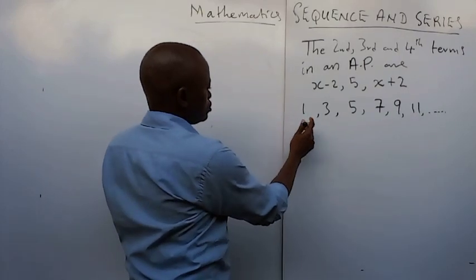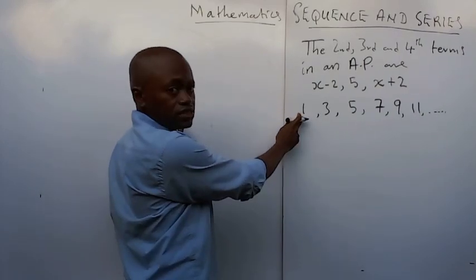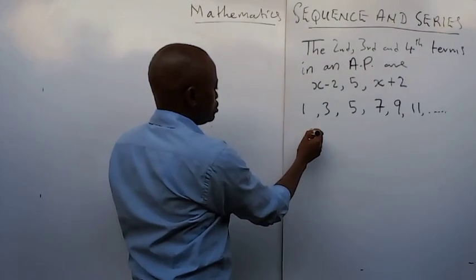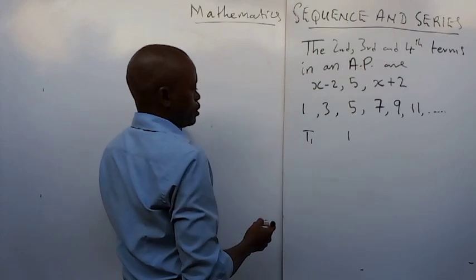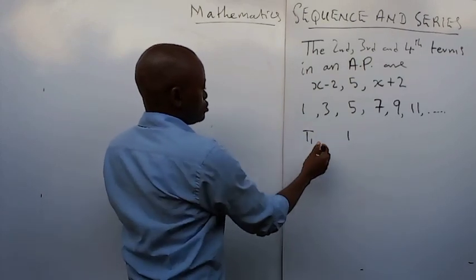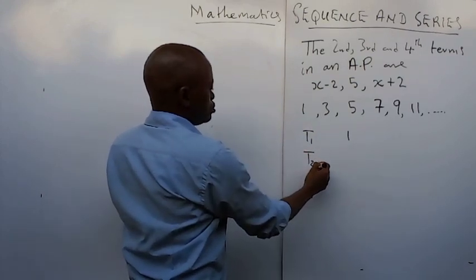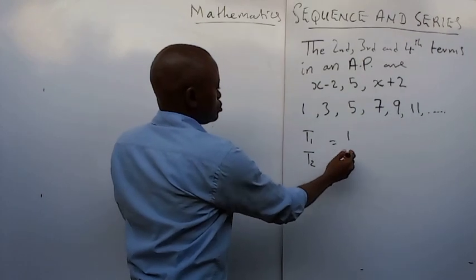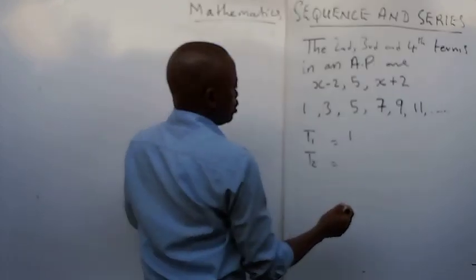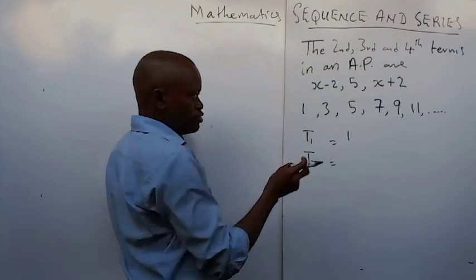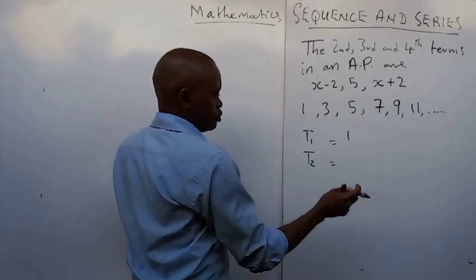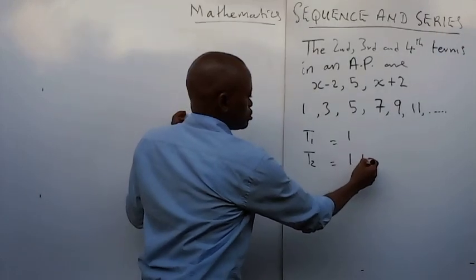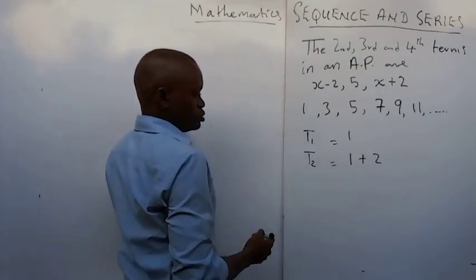If I call this first term T1, and it is 1, and the second T2, the common difference there is 2. So it is going to be 1 plus 2.